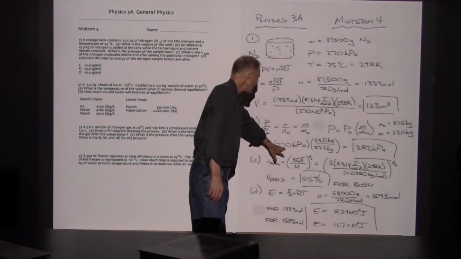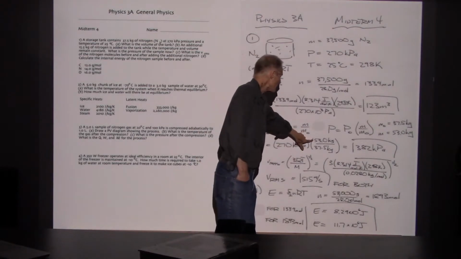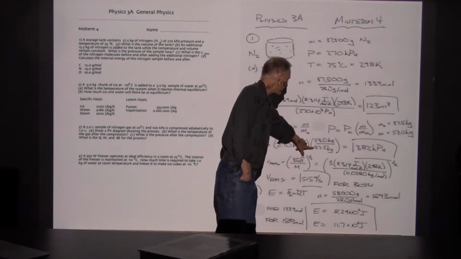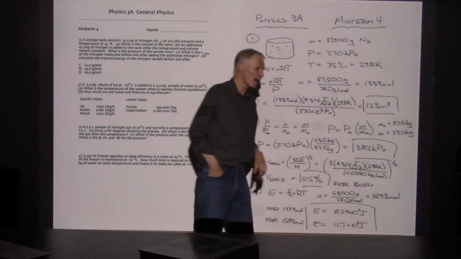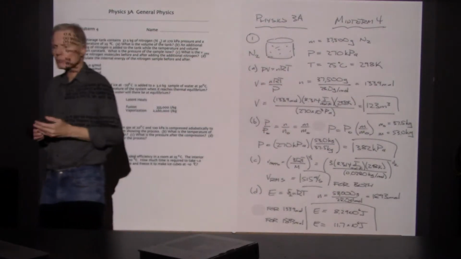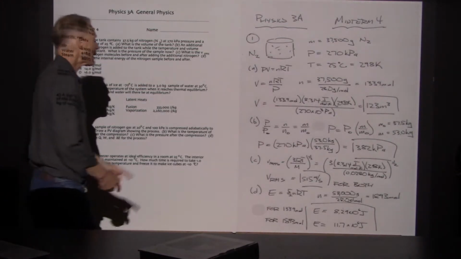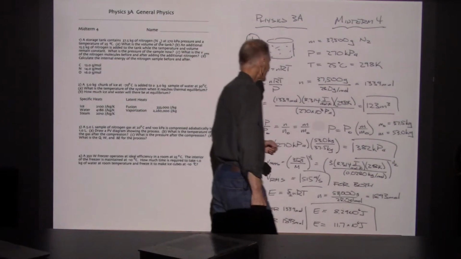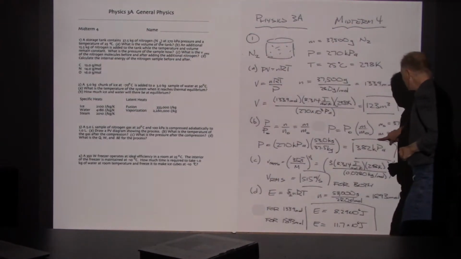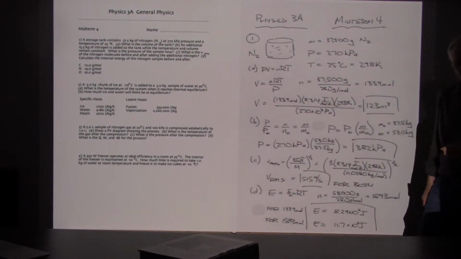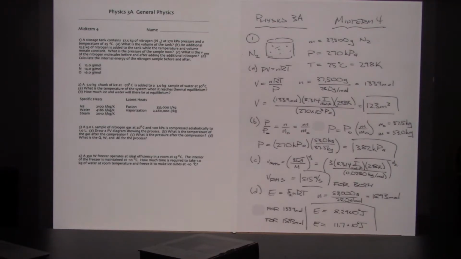It's the 270 kilopascals times the new amount of mass divided by the original amount of mass, and that will give me a ratio of molecules. That'll tell me how the pressure goes up. Okay, just using the ratio. And so it's going to go up from 270 kilopascals to 382 kilopascals is what that works out to be.